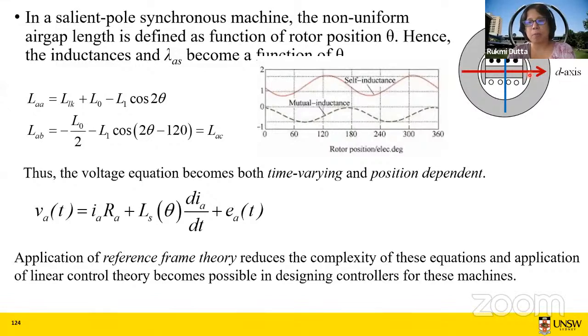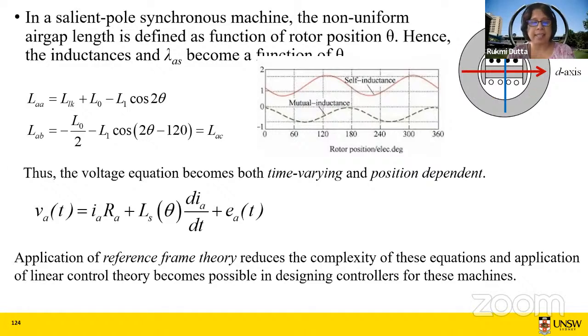Since the air gap is small along the D axis, at the pole face, we get a much higher D axis inductance because it has low reluctance, compared to the interpolar part where the air gap is much larger.